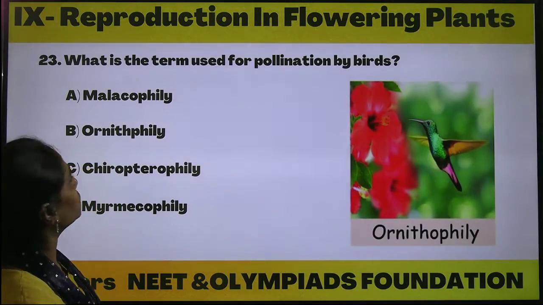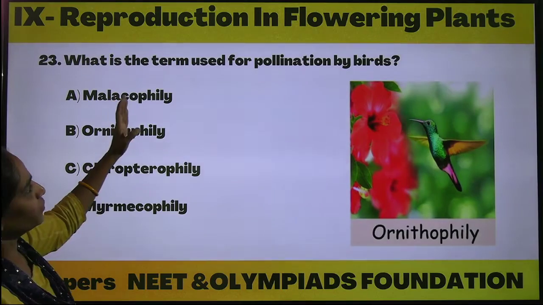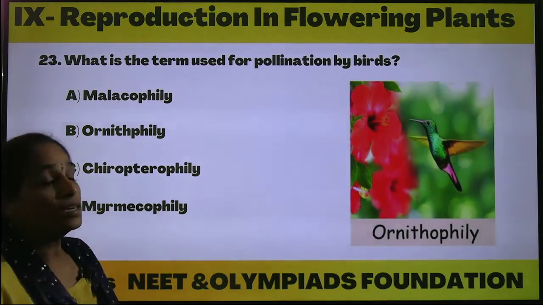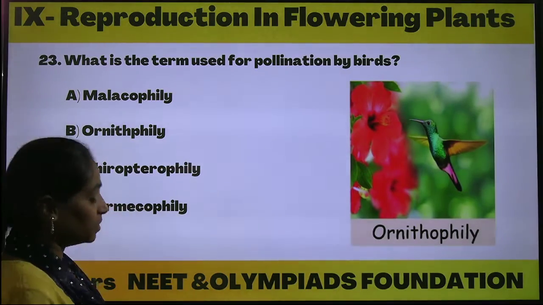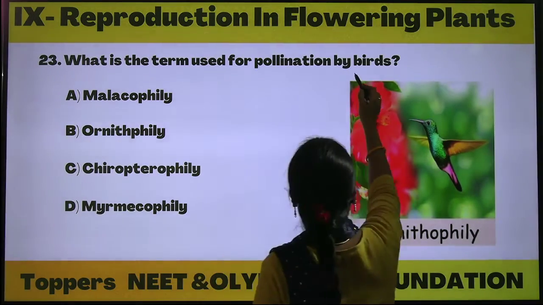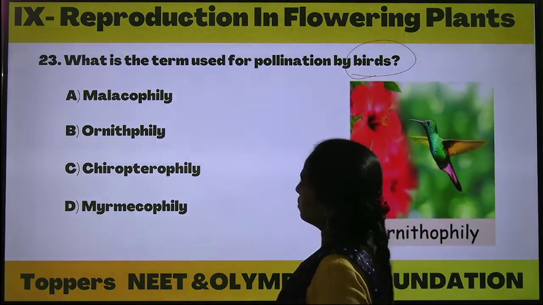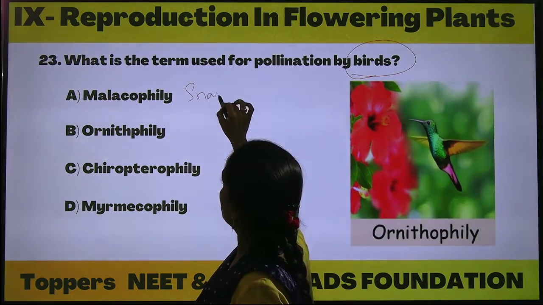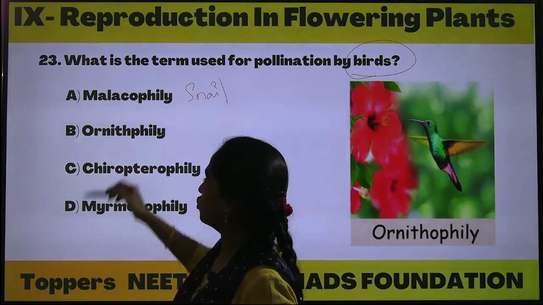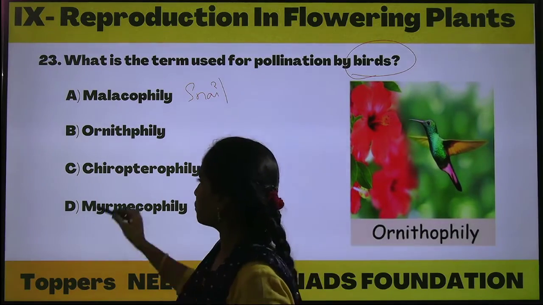Coming to the next question, what is the term used for pollination by the birds? Birds are also helpful for the pollination process, right? Is it malacophily? We have discussed already, that is done by the snail. Ornithophily might be.